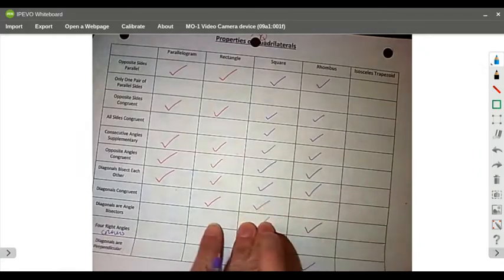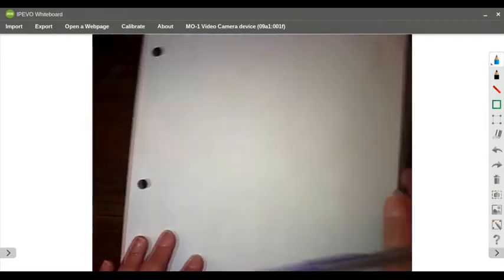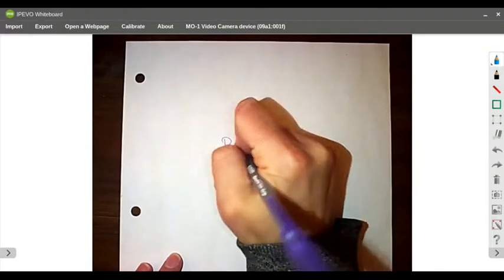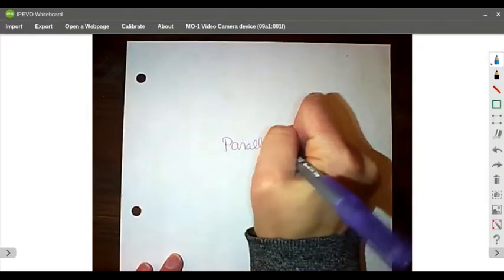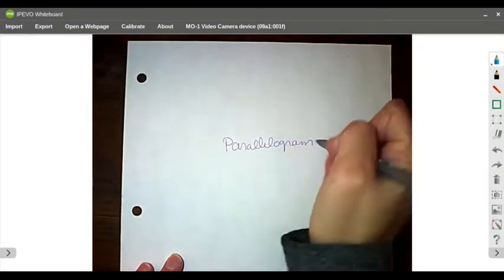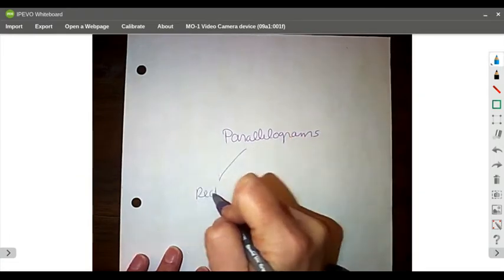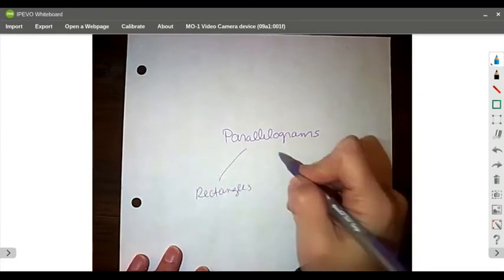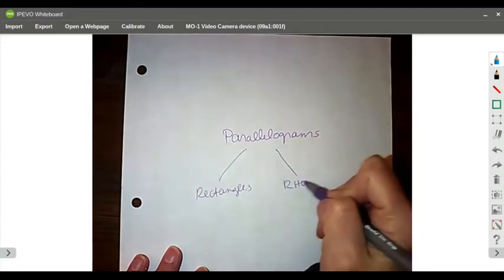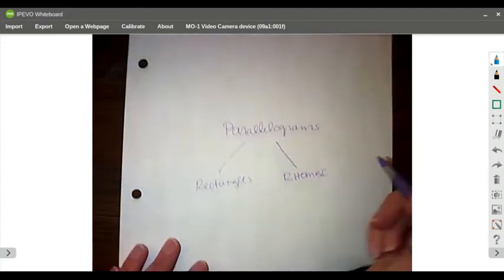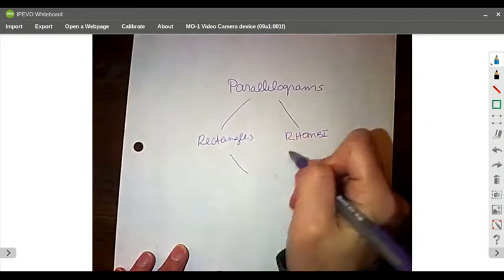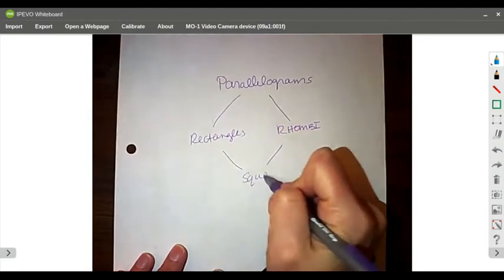So in the web of parallelograms, I'm just going to draw a quick little graphic organizer flowchart kind of thing. So you have parallelograms. Under the umbrella of parallelograms, there are rectangles and there are rhombi. Now underneath those is a square.